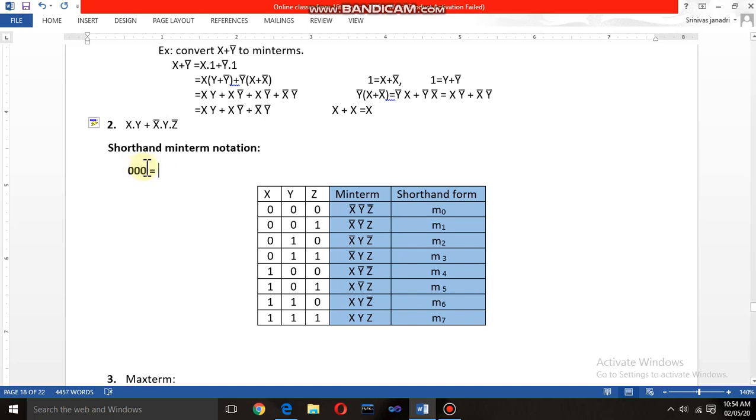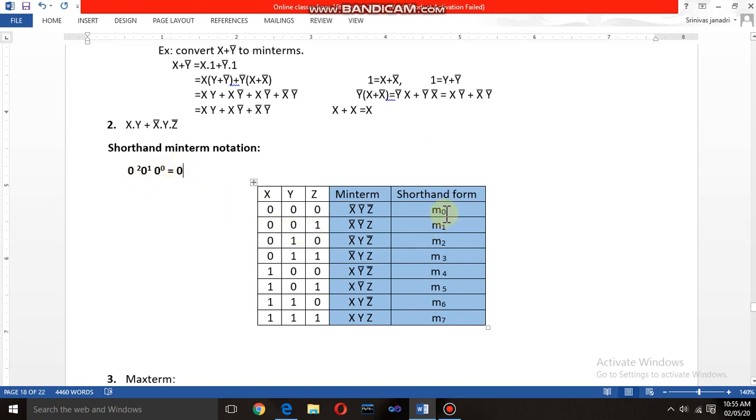Write the powers first: 2 to the power of 0, 1 and 2, and then multiply, 0 into 2 to the power of 2. 0 into anything is 0, so finally you will get 0. That is the conversion of binary to decimal.